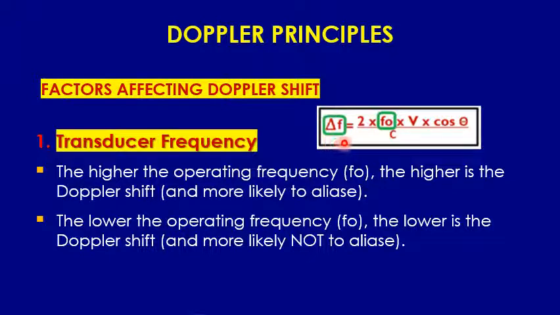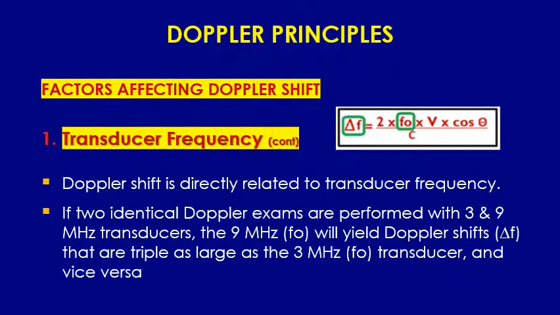If I'm having a higher frequency, I will get a higher Doppler shift, and I'm more likely to have aliasing. If I'm having a lower frequency probe, I'll get a lower Doppler shift, and I'm less likely to have aliasing. So if you have aliasing, one of the things that you might do is use a lower frequency probe.